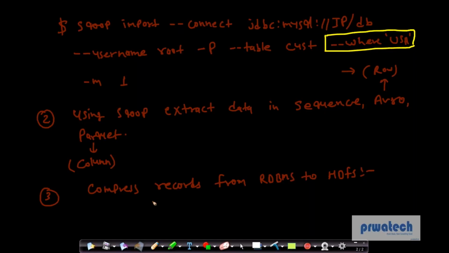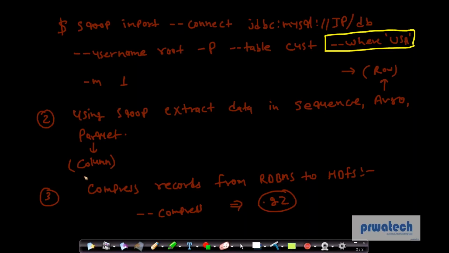There are multiple options. If I just pass --compress, then by default it will use gunzip format. I'll tell you this when I write the query. If I just use --compress, by default my file will be compressed in gzip format.